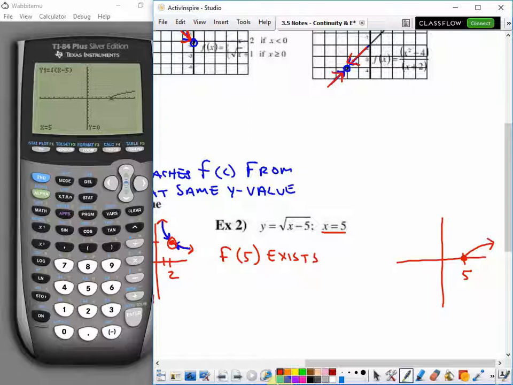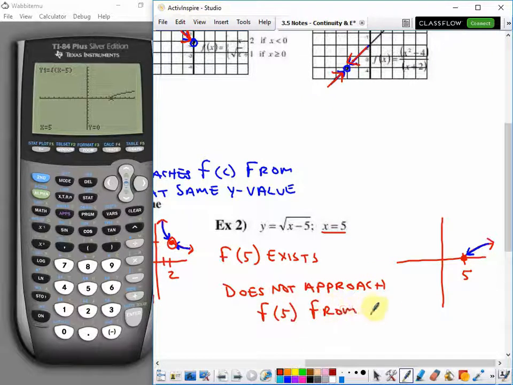The second test is whether or not the function approaches from the left and the right at the same y value, and I only see this function approaching from the right. So it does not approach f of 5 from the left side.